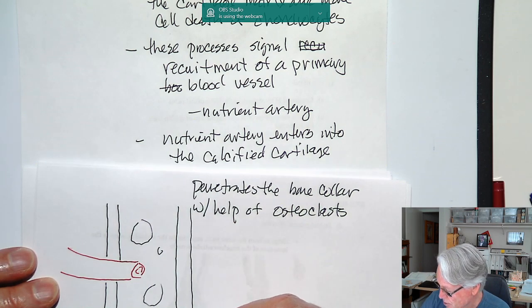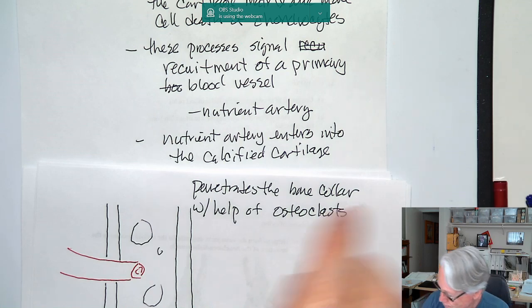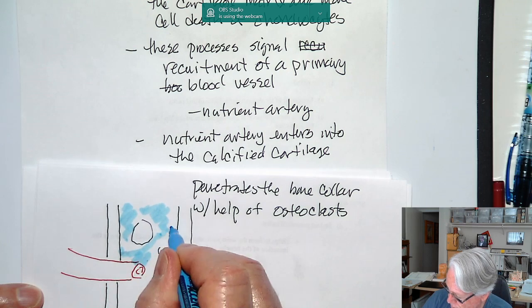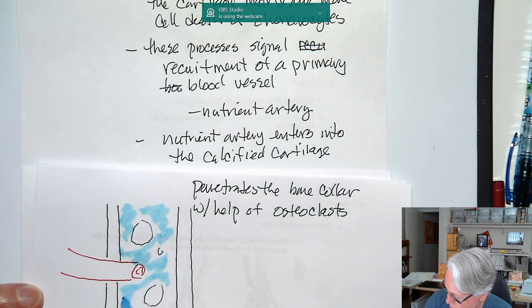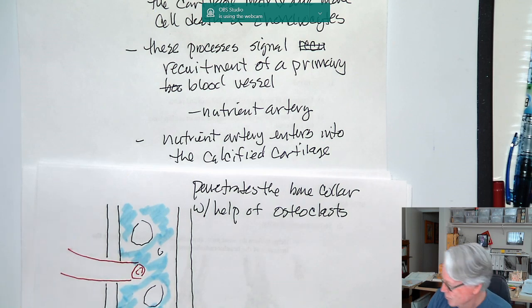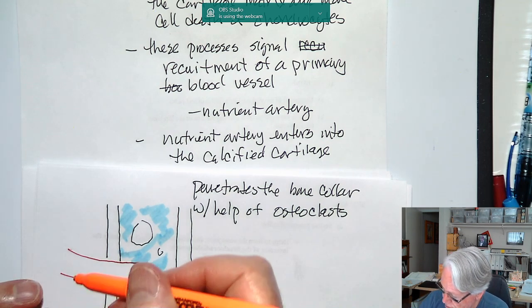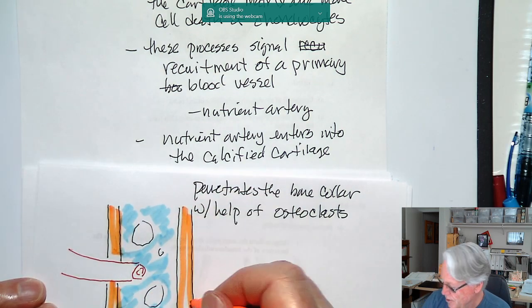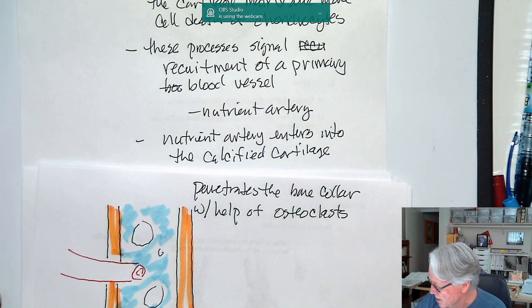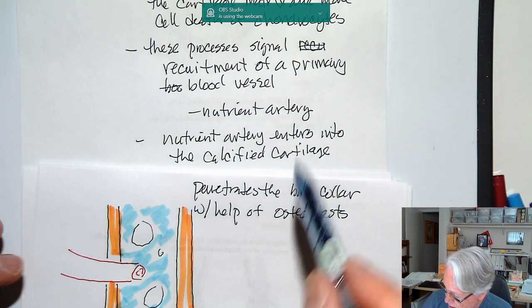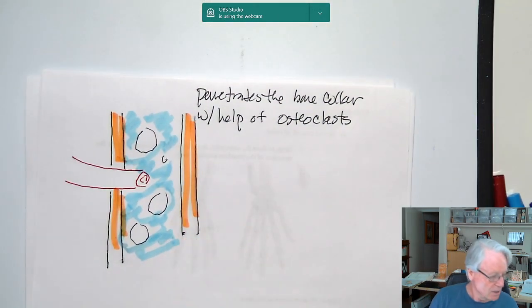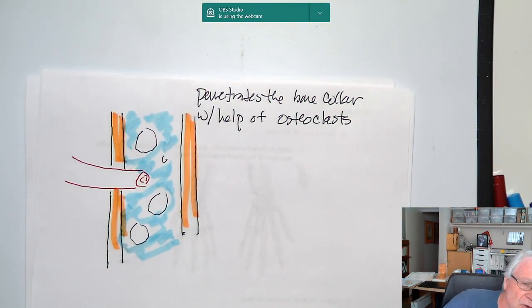And then this would be the bone collar on the other side. And this is our bone. Our bone collar. So what's happening is, as that blood vessel comes in, it's going to need to go through the bone.